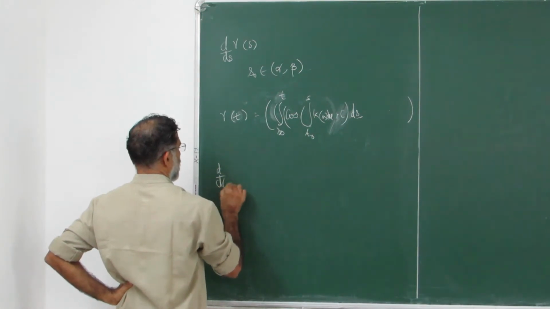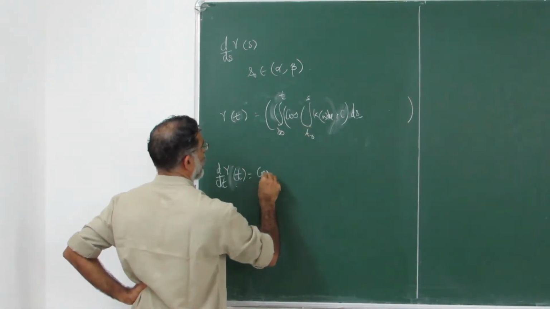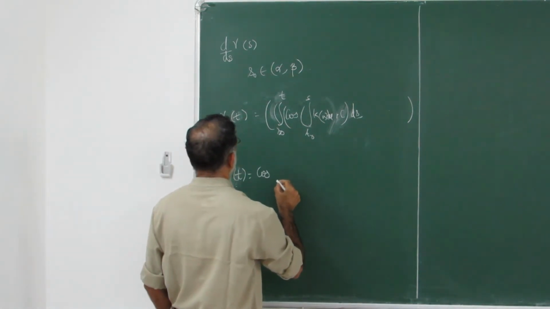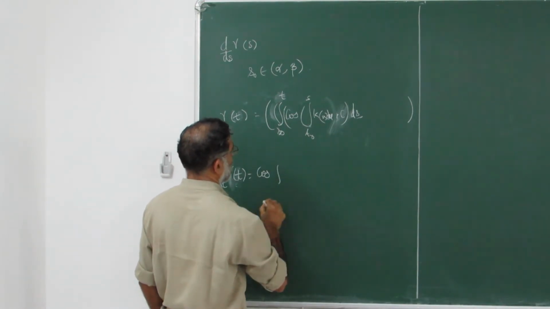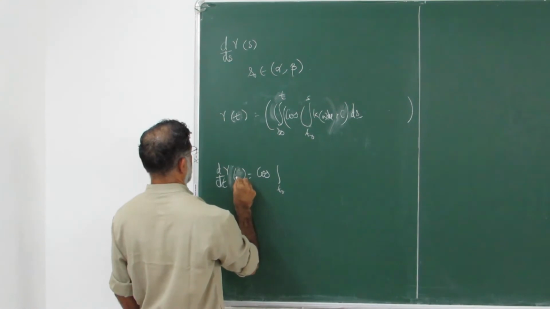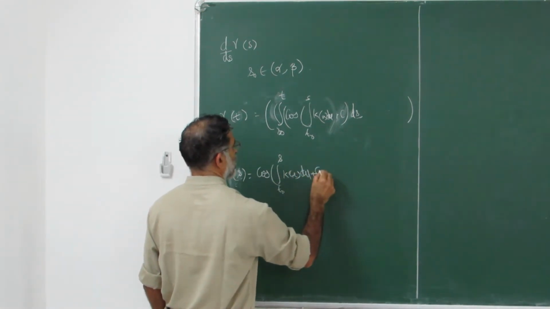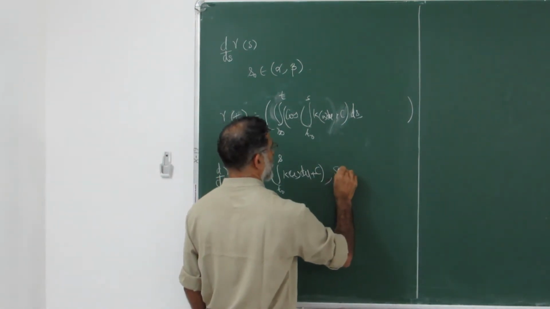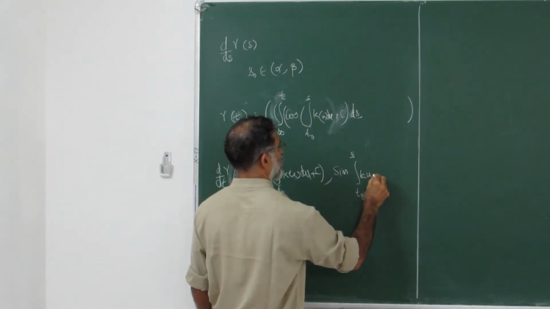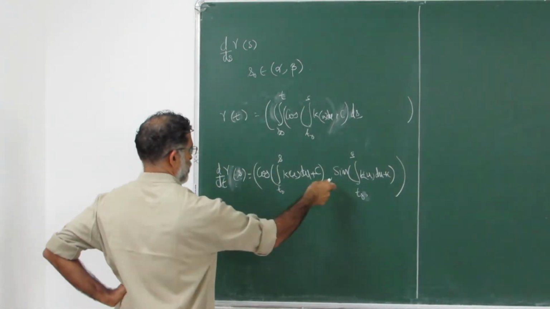So d by dt of gamma at t is going to be, you differentiate the first coordinate, you get cos of this expression at the point t, so this is the integral from t0 to s of k(u) du plus c, comma, the other one will be sine of the integral from t0 to s of k(u) du plus c. So this is your gamma dot.